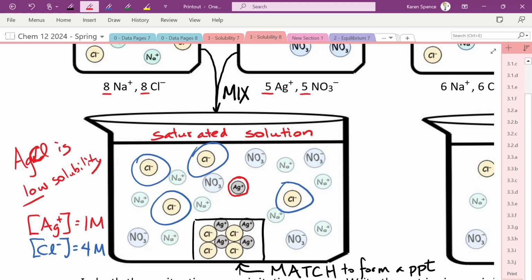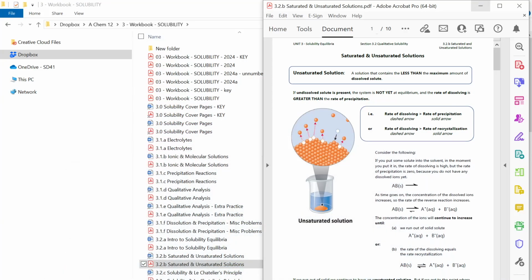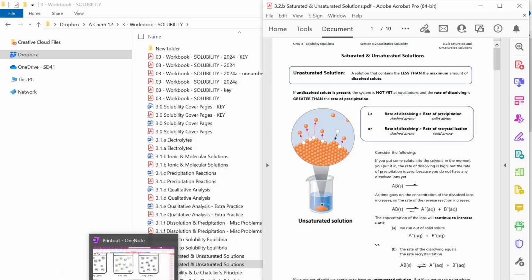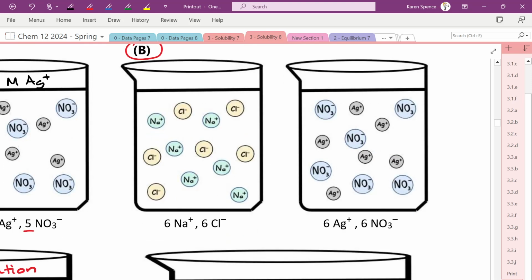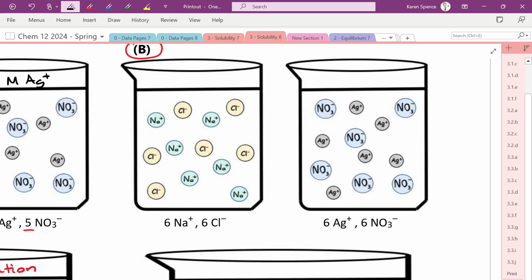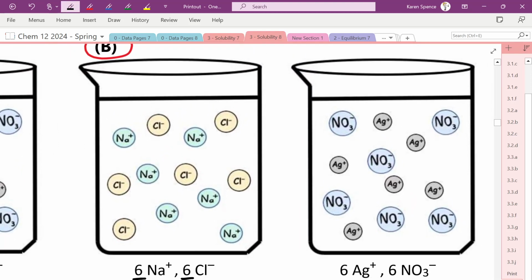Now we're going to look at a second scenario with different initial concentrations. Okay, so now we're looking at situation B, where instead of 8 molar sodium chloride, now we have 6. So we have 6 molar chloride here, and we've increased the concentration of silver nitrate to 6 molar.